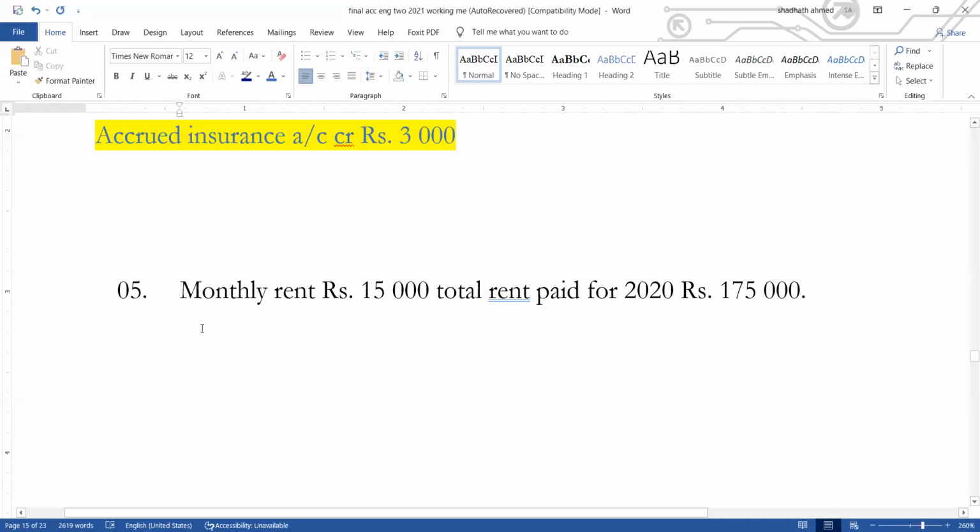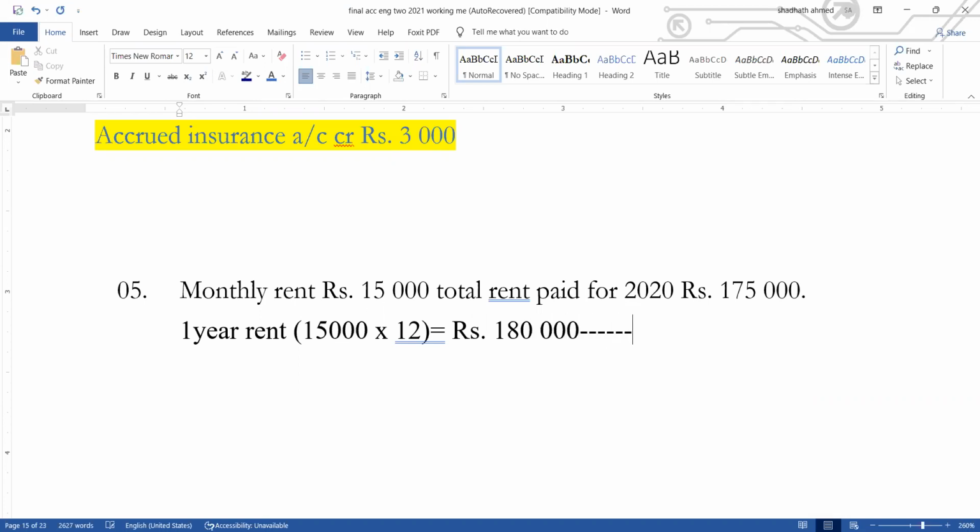First, we have to find out 1 year rent. Monthly rent is 15,000, so we multiply by 12. It will be equal to rupees 180,000.